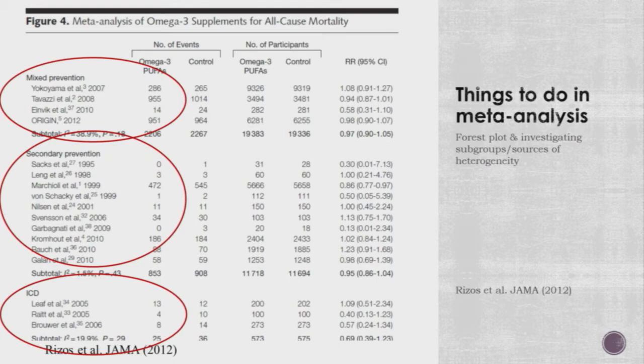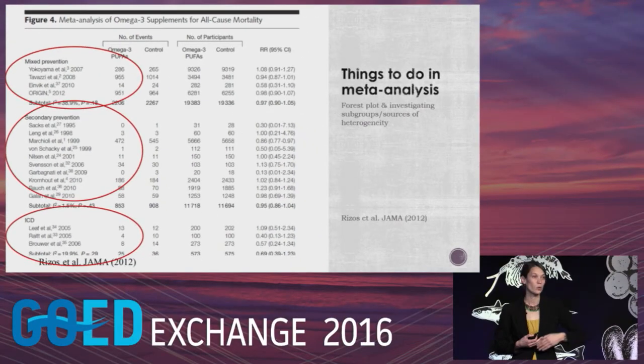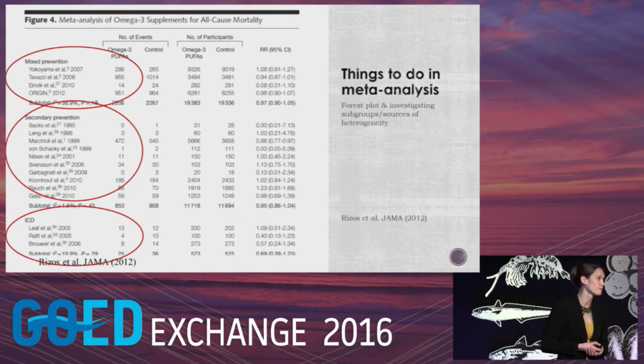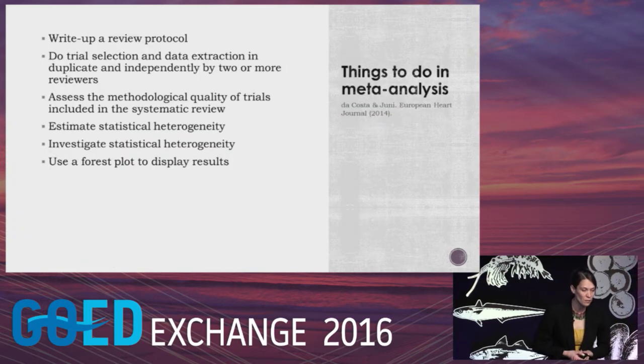Secondary means everybody had already had an event, and we're trying to prevent the next event. Okay, and then ICD is, these trials were on folks with implantable devices. So the authors were looking at possible sources of differences in these trials, right? So this is an important thing that you want to see.